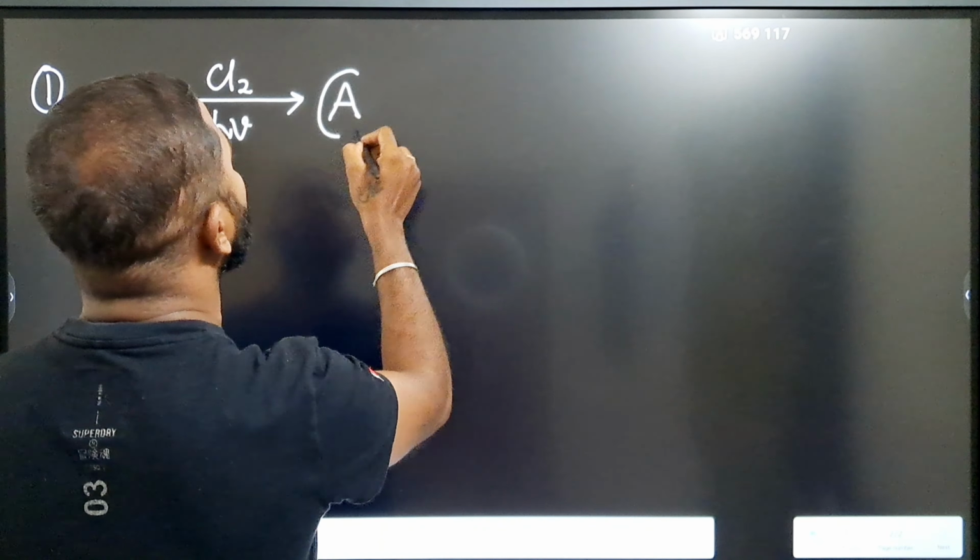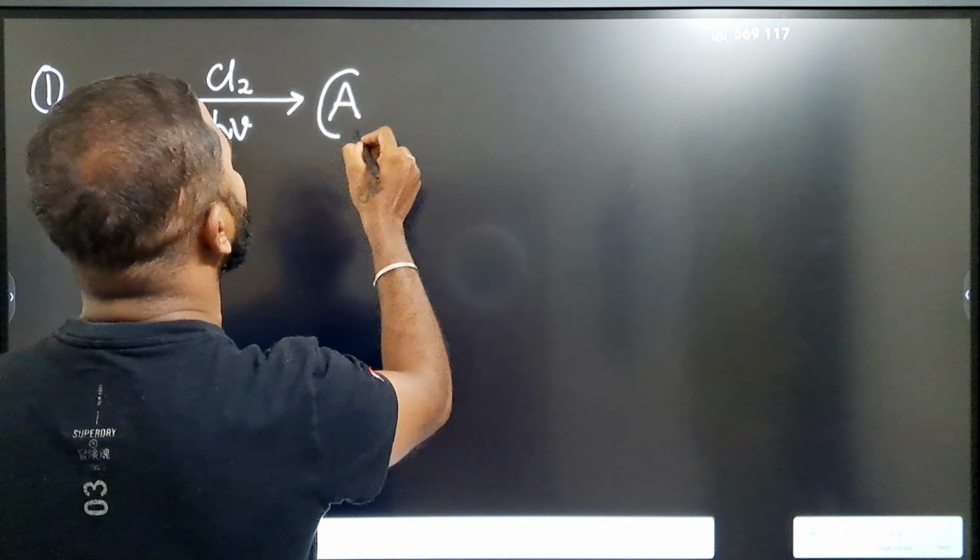This is going to give us compound A. This compound A further reacts with CH3Cl in the presence of anhydrous AlCl3 to give us compound B, and then this compound reacts with chlorine in the presence of sunlight to give us, let's say, C. Then let us react this C with aqueous KOH, and it is going to give us compound D. Let us continue.